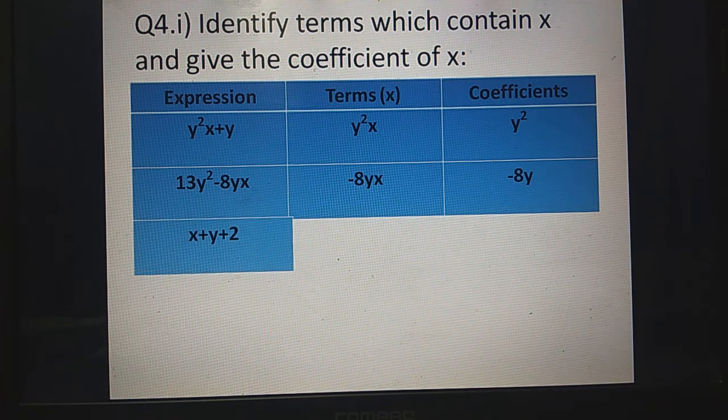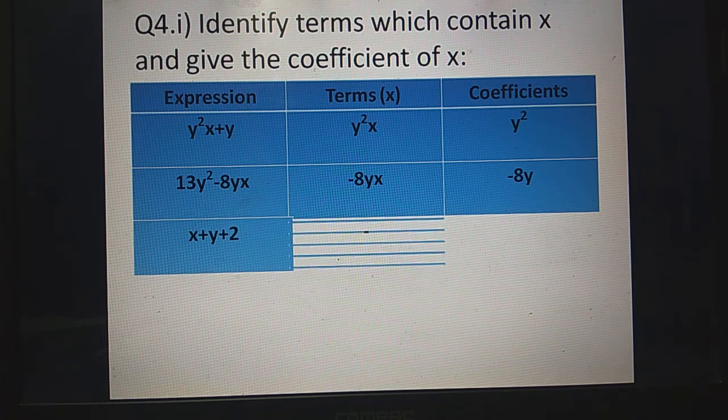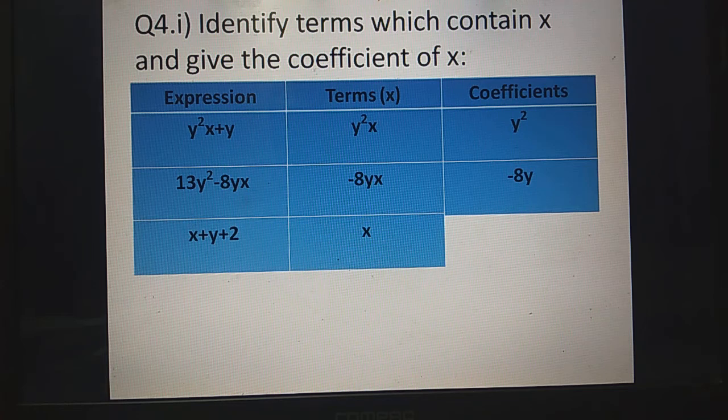Your next expression is x plus y plus 2. You can see there are three terms. First term is x, second is y, and third is 2. But out of three terms, only one term is containing x. So you will consider only that particular term. Now, what is the coefficient here? Except x, there is nothing.